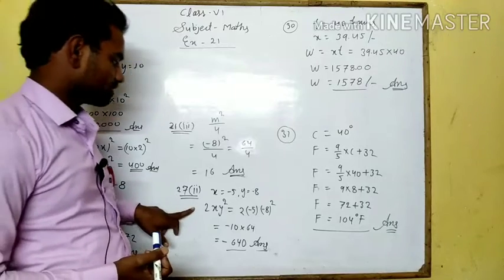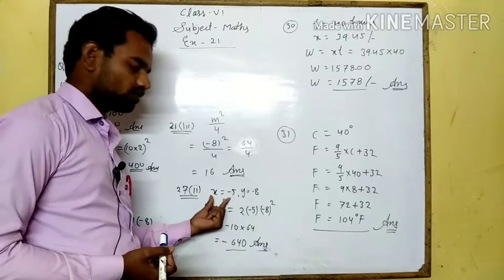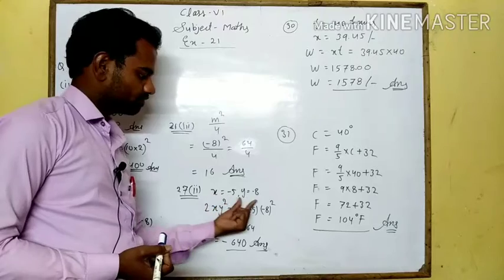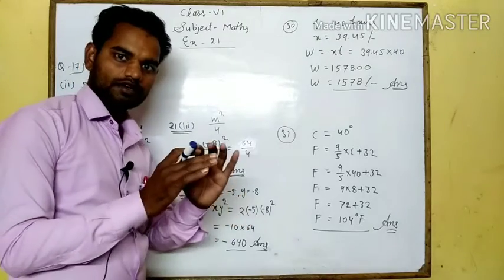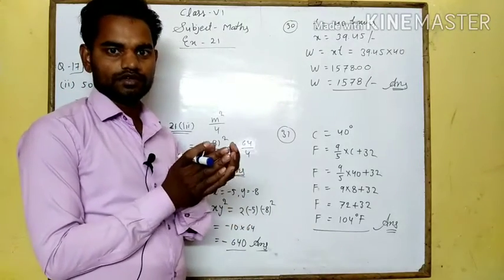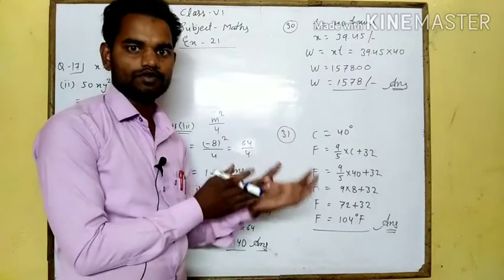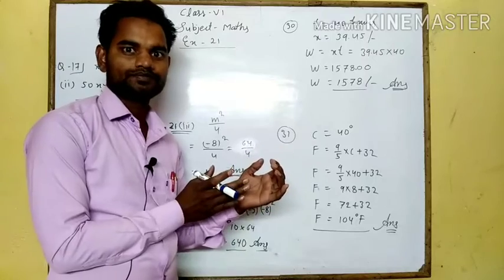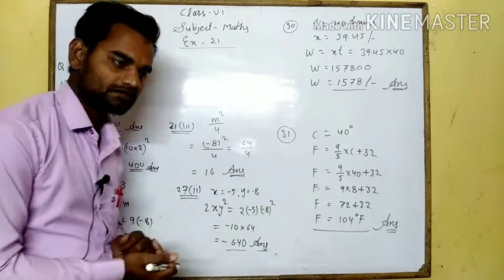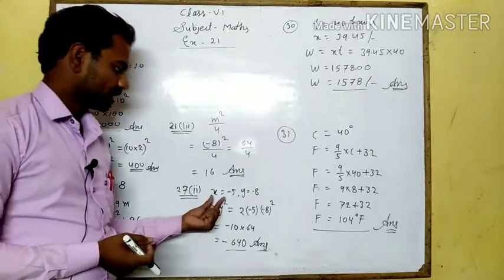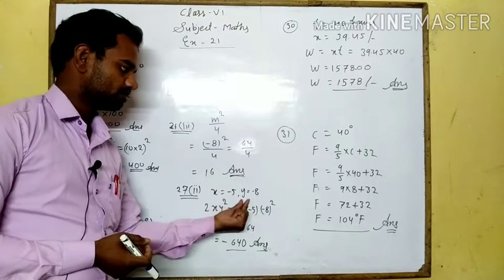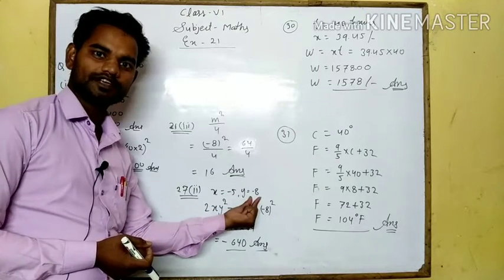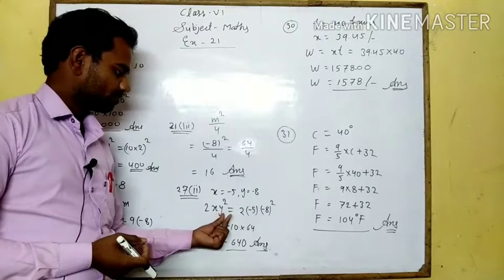Question 27 part 2. The value of x is minus 5. The value of y is minus 8. Place these two values in the given expression, and the value of the expression will be there. In place of x, we will place minus 5. In place of y, we will place minus 8. 2x y square.